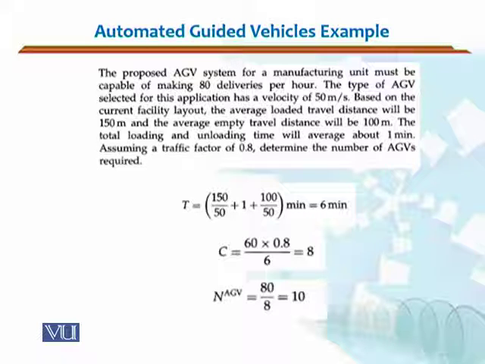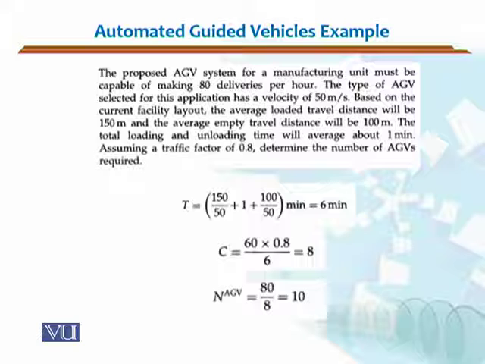Determine the number of AGVs required. First of all, we will find T, that is the sum of your loading time plus your handling time plus your unloaded travel time. So 150 divided by 50, that is for my loaded distance, because 50 represents 50 meters per second, the velocity of my AGV, whereas 150 is the average loaded travel distance.